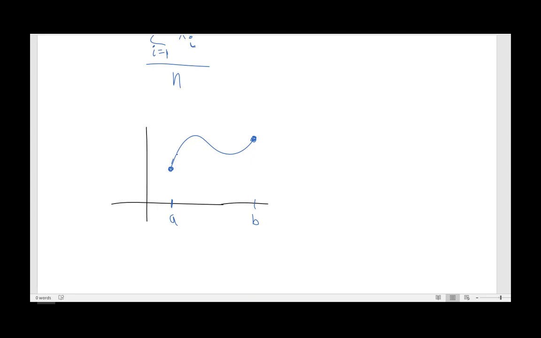For example, let's say I pick the first data point, f at a, and then I pick the data point at the next x value, and the next, and the next, and I would continue in this process.